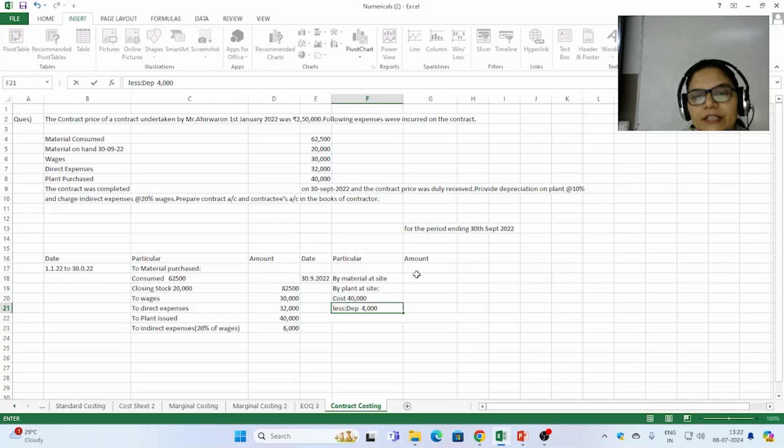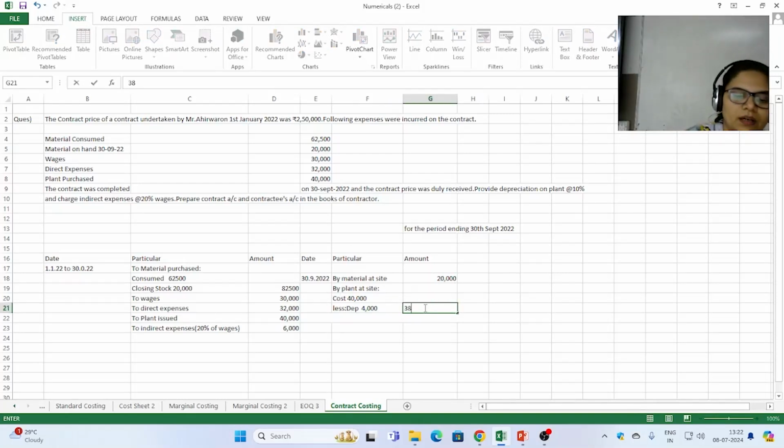We will add and adjust these values, and we will get 36,000 in the outer column.